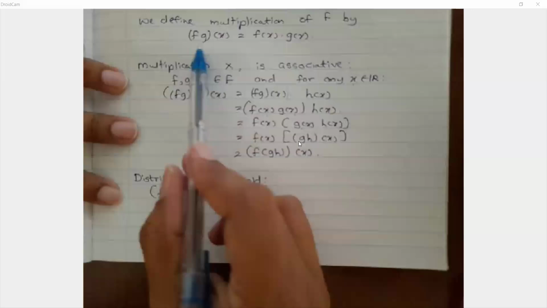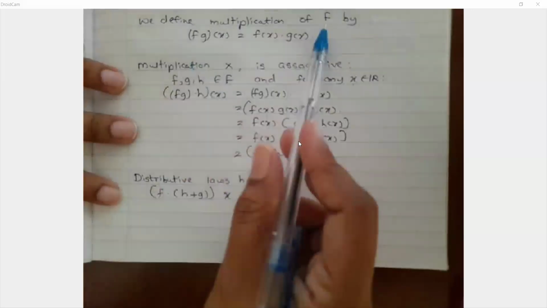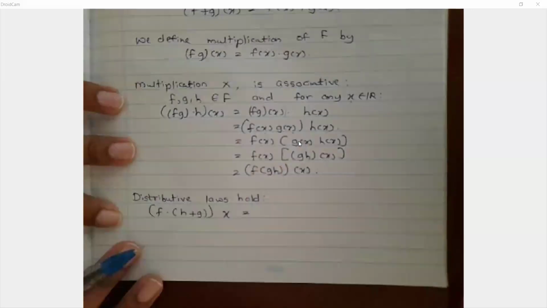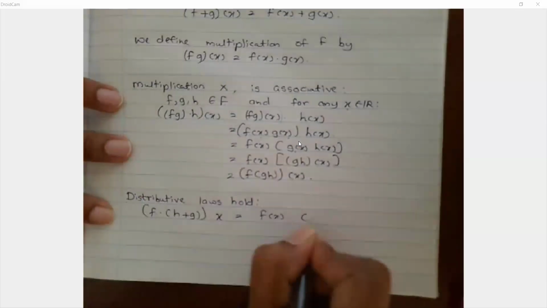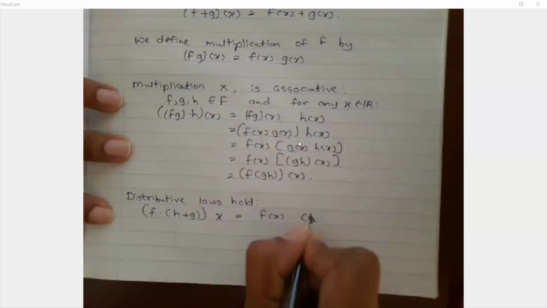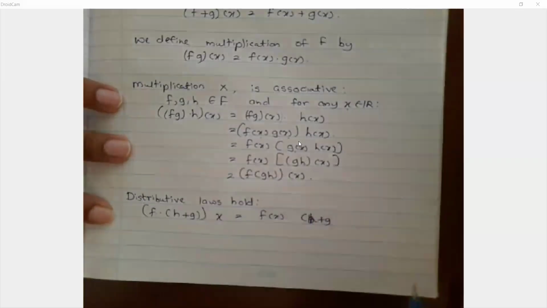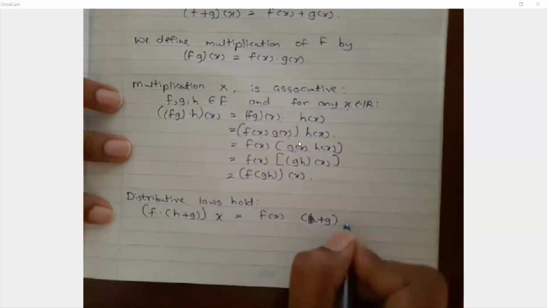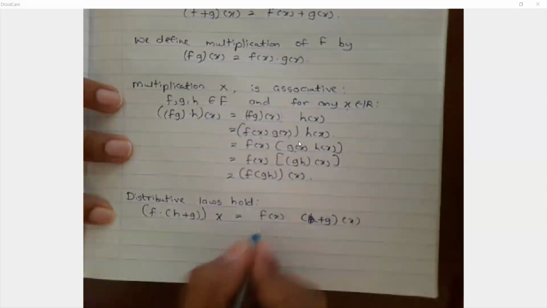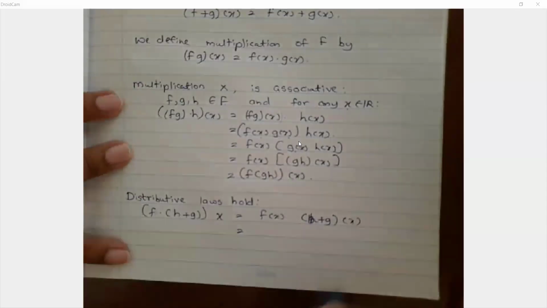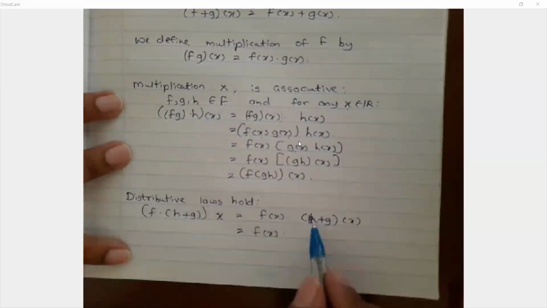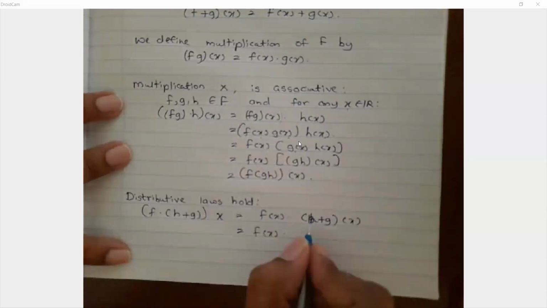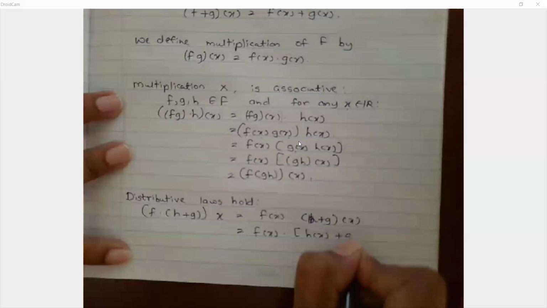Going back to this definition of multiplication on F, we write it as f of x times (h plus g) of x, or you can even write g plus h, it doesn't matter because it's an abelian group under addition. Now, f of x times, we have (h plus g) of x to be h of x plus g of x.